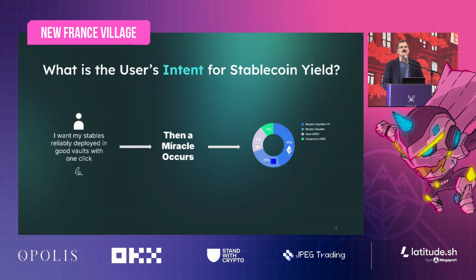You want a deployment that takes advantage of vaults independent of where they're at. And as the market changes, you want to quickly be able to adapt to that new situation without having to tediously, manually, and riskily reallocate your capital.